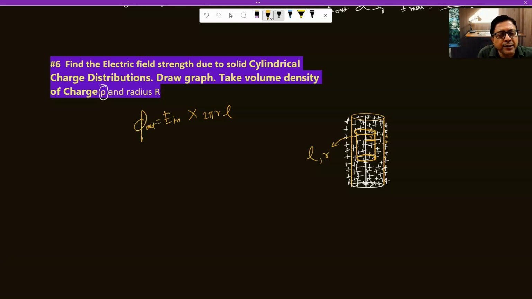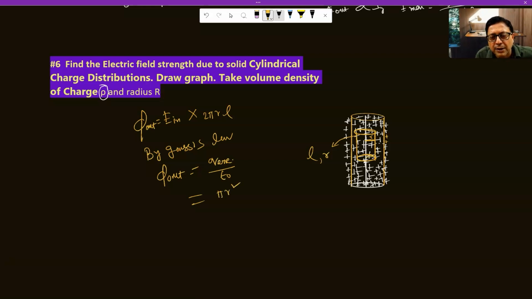Agree with me? By Gauss law, phi out will be what? Phi out will be Q enclosed by E0. How much charge is enclosed? If the radius is r, it will be pi r square L rho, divided by E0.